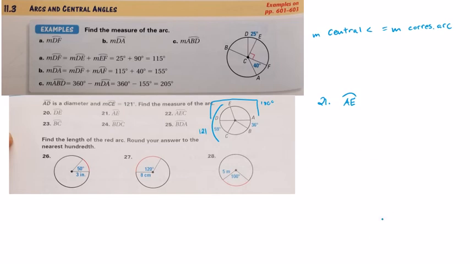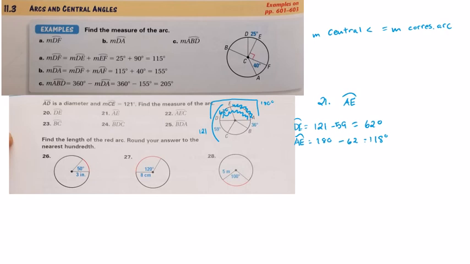So if I know CE and CD, that's 121 minus 59 in order to find out what arc DE equals. And that would come out to 62 degrees. So I now know that this is 62 degrees, which means that I can take that away from 180 in order to find AE. So 180, that's AE, minus 62 would give me 118 degrees.